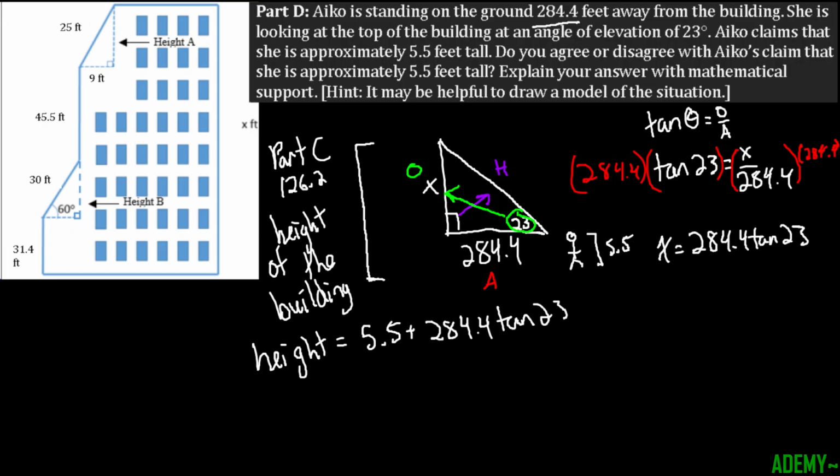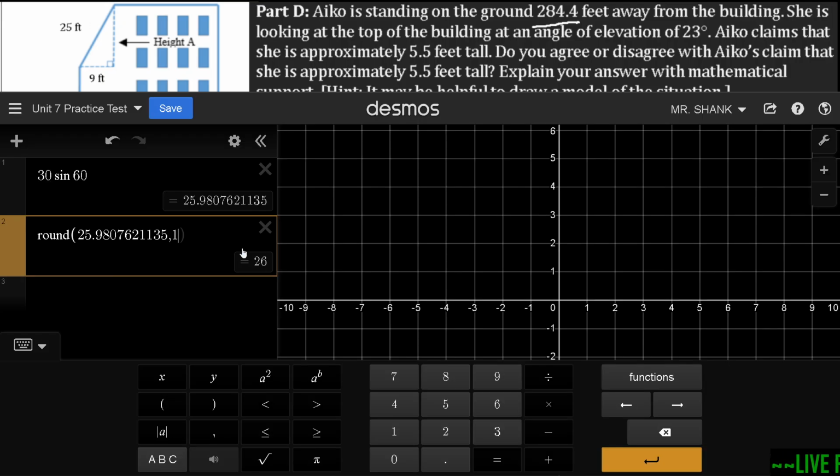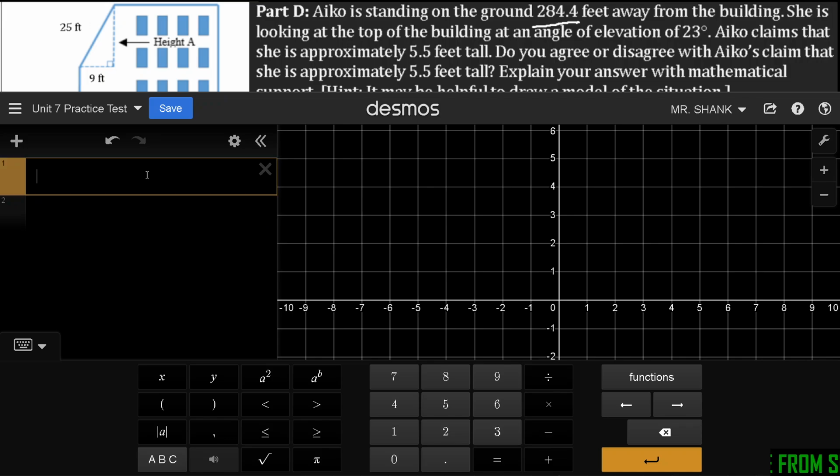So what I'm going to do is type that all into the calculator and get our answer. Let me make sure you guys see what I see. I have 5.5 plus 284.4 tangent of 23.